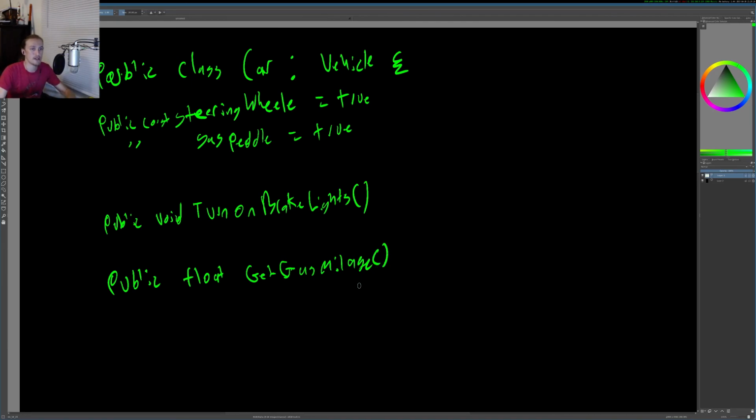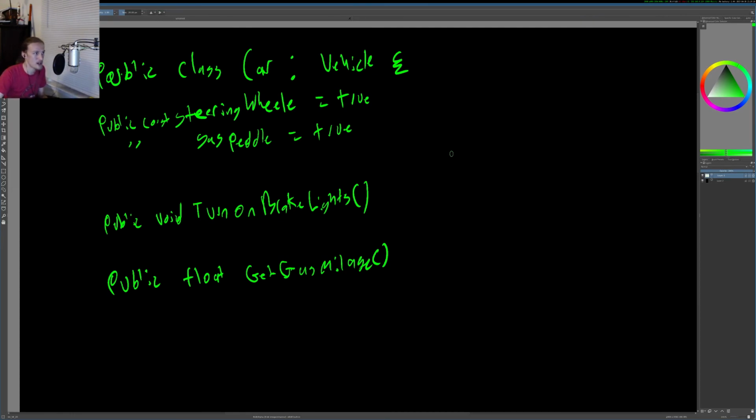Get gas mileage would return a float, or how much gas mileage this car has. Because maybe that changes. That's not something that's constant. This variable might be a private gas mileage that not everything sees and has to go through this method. Or maybe you need to calculate what gas mileage is, so you would go through this method to calculate it and return that value, instead of having to put it into a variable every time you need it, because it's a calculated value.